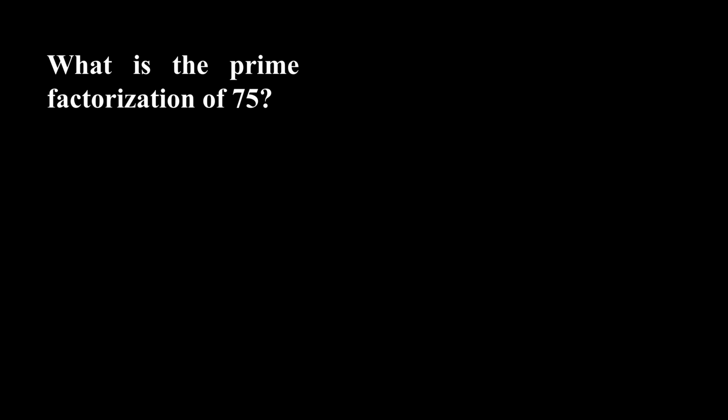We have here another example. What is the prime factorization of 75? We can express 75 as a product of 25 times 3. Since 3 is a prime number, express na lang natin yung 25. So, 25 can be expressed as 5 times 5.